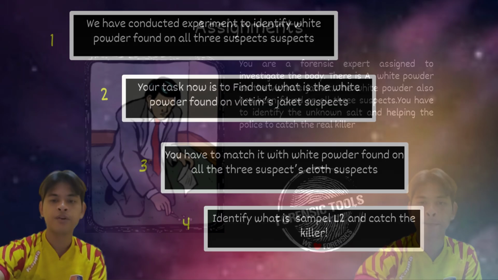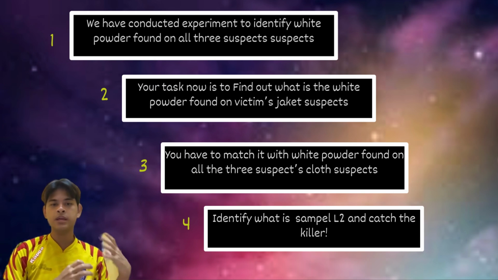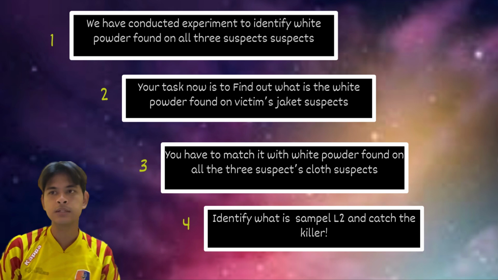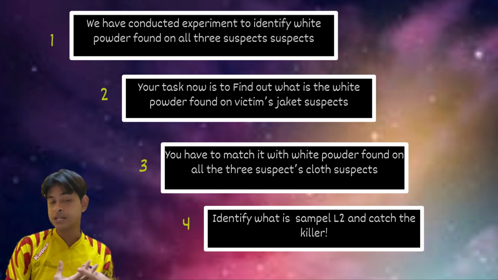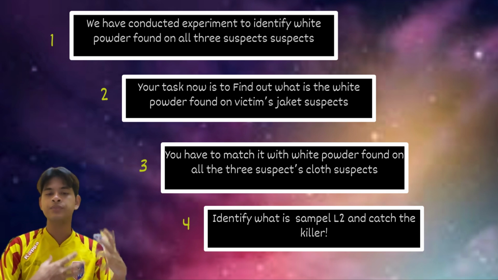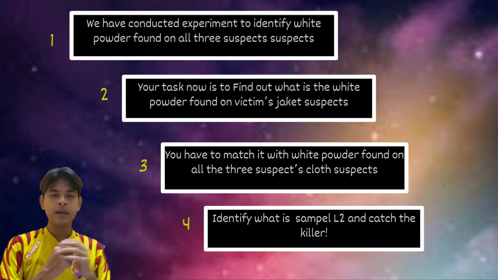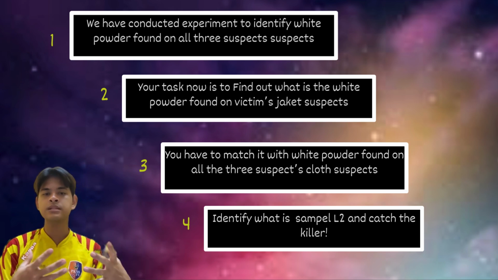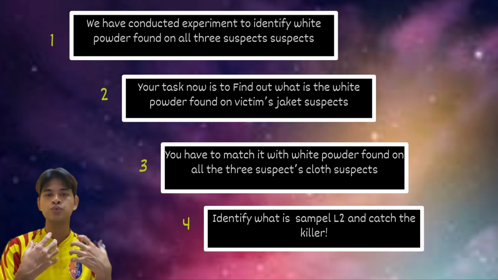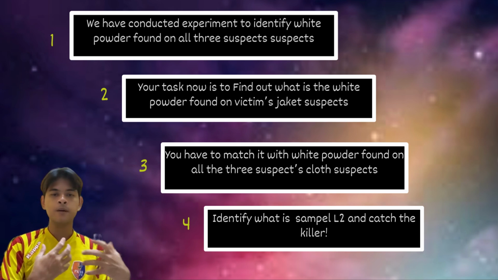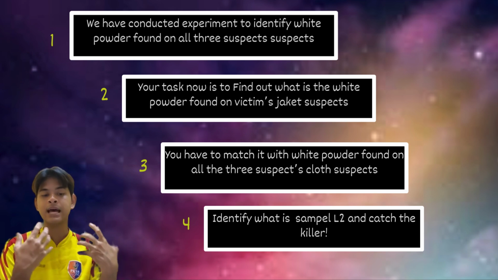So basically this is the summary of how we conduct our PNP classes, where we show them a video on how we do the experiment, and then we give the students the materials and apparatus that they might need to do the experiments to solve the unknown sample, which we label as L2.